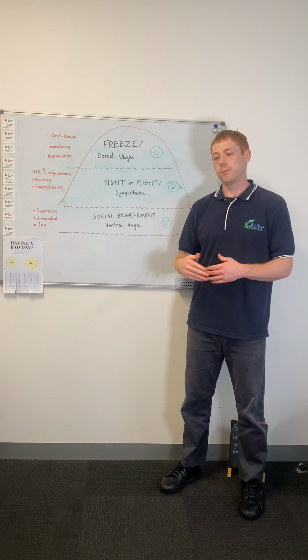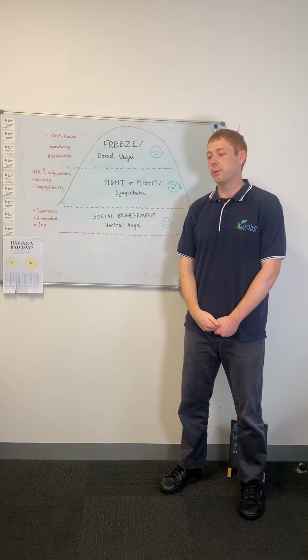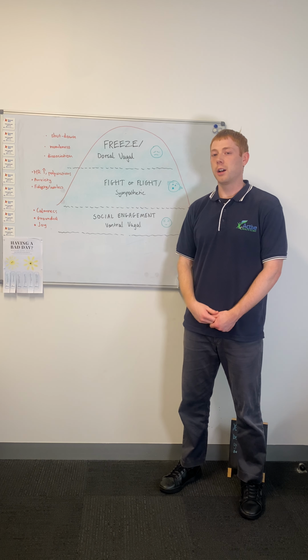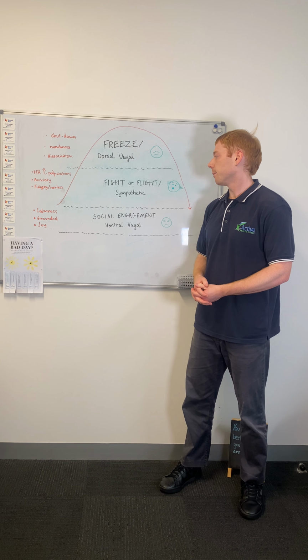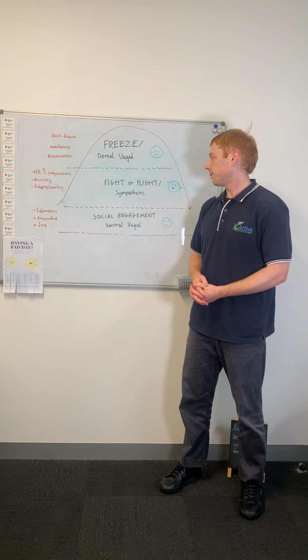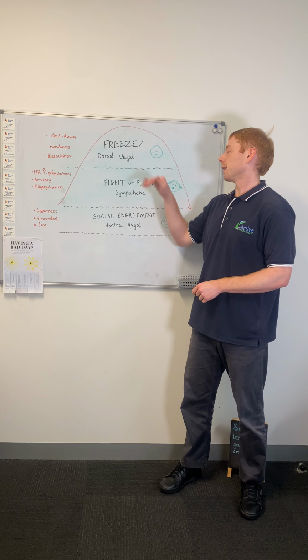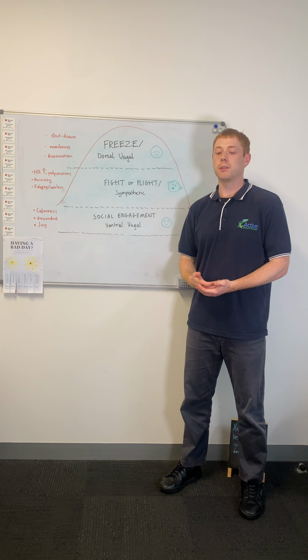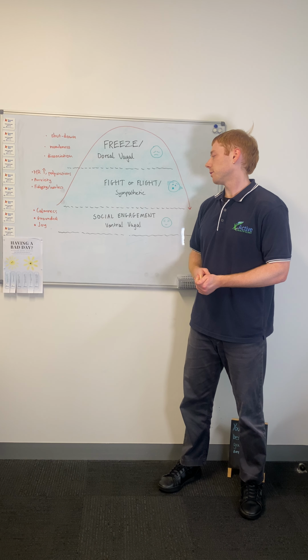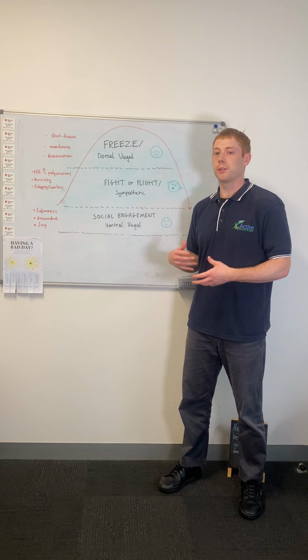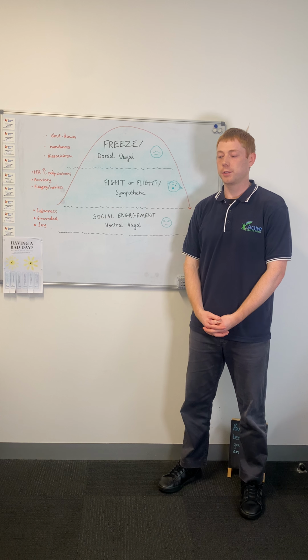If you've pushed your body past what it can tolerate, and symptoms go really high, that's your nervous system forcing you to slow down. So if we think about being in a freeze state, we want to identify what that feels like, and then think about how we move ourselves back towards a more regulated social engagement, ventral vagal state.